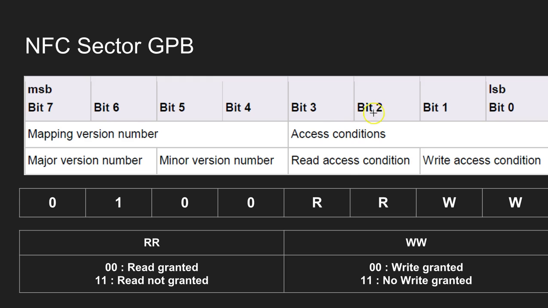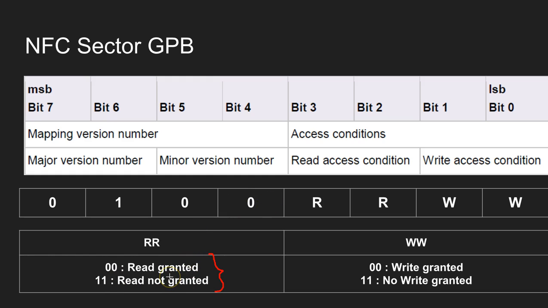So bit 3 and bit 2 will tell what type of read access that particular NFC sector has, and the last 2 bits will tell you what type of write access that sector has. As mentioned here, if it's 00, it means read granted, and 11 means read not granted. Now I'm not sure how you can prevent somebody from reading the data from a Mifare Classic tag. However, there is a value to indicate to application software that the data is not readable.